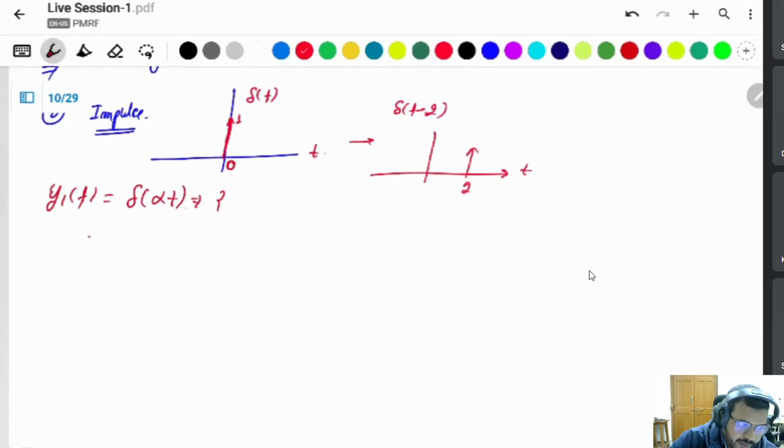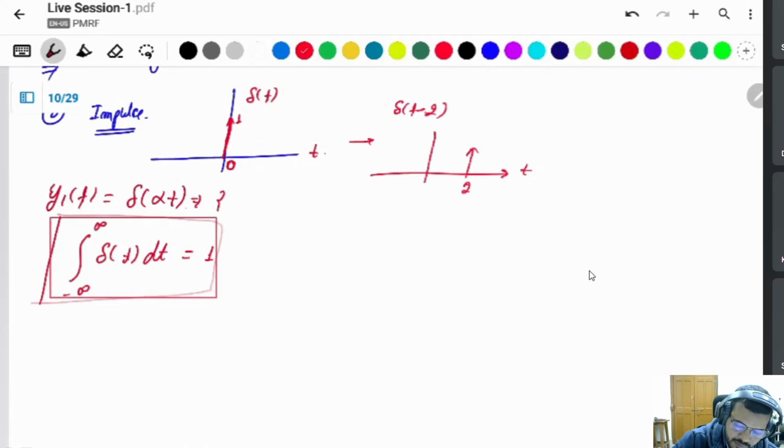A property of the impulse signal is that the area of the impulse is 1. You can't calculate the value of the delta impulse signal at the origin, but you can calculate the area of the impulse, which is 1.